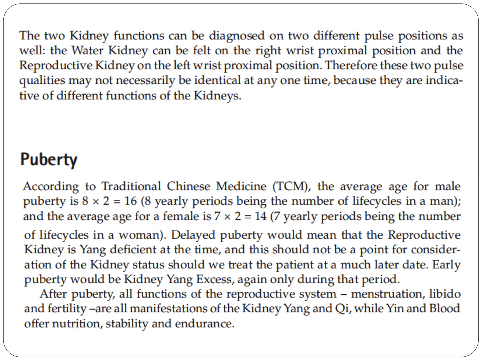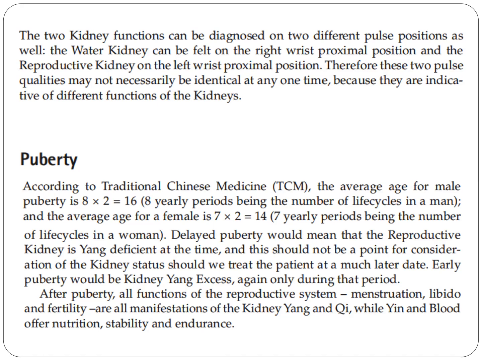Delayed puberty would mean that the reproductive kidney is yang deficient at the time, and this should not be a point for consideration of the kidney status should we treat the patient at a much later date. Early puberty would be kidney yang excess, again only during that period.